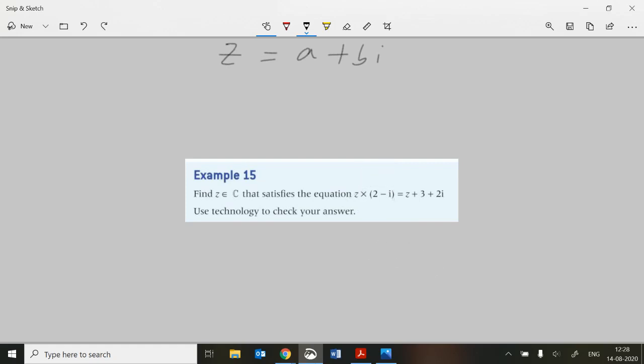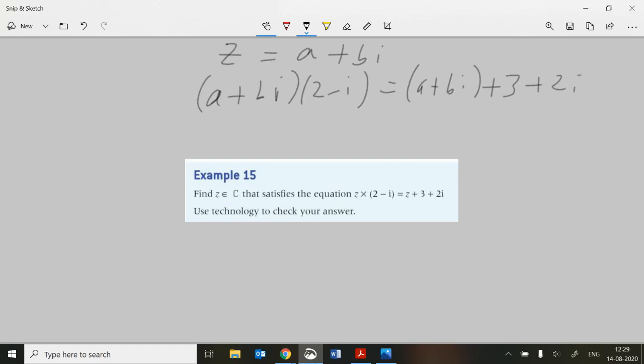So there was that problem of not separating out imaginary parts and real parts, and we can solve that problem by setting up z is equal to a plus bi. If we do that, we've got a plus bi for z times by 2 minus i is equal to, and again, a plus bi plus 3 plus 2i.